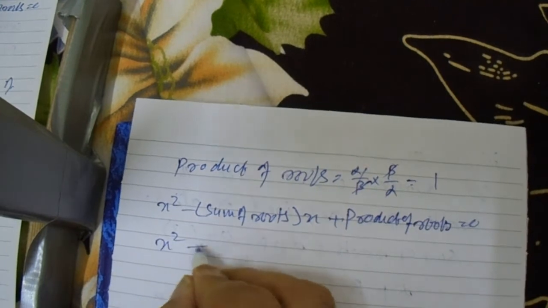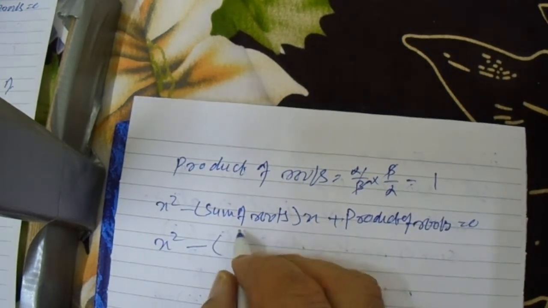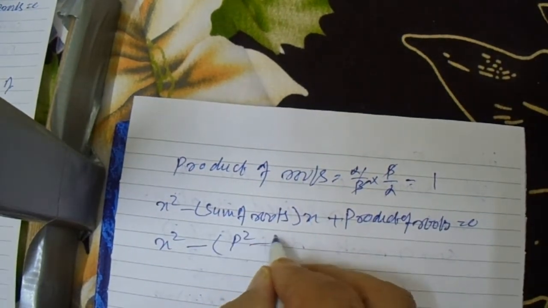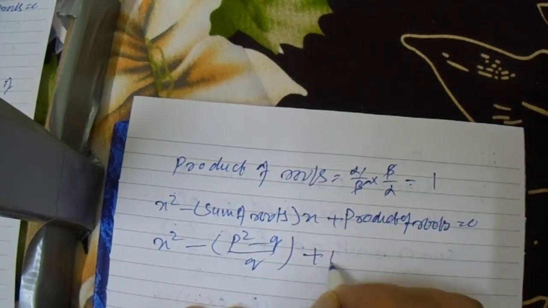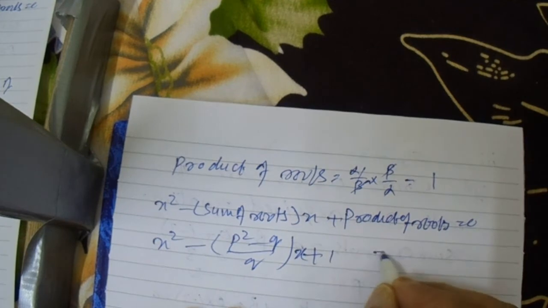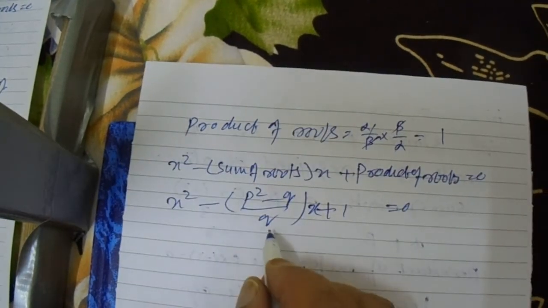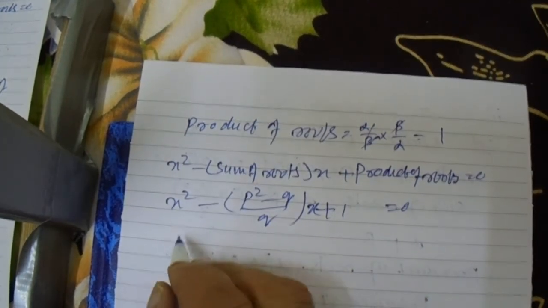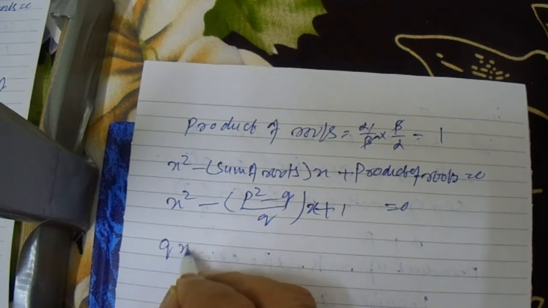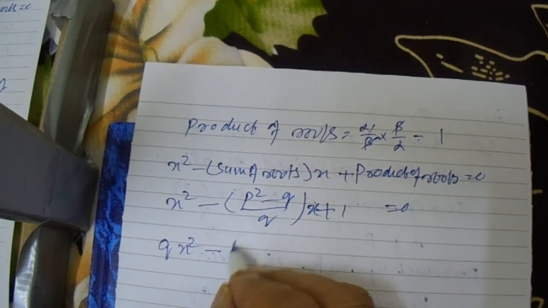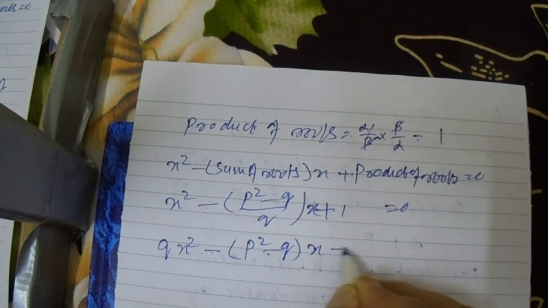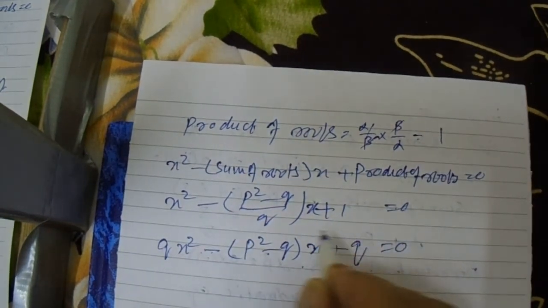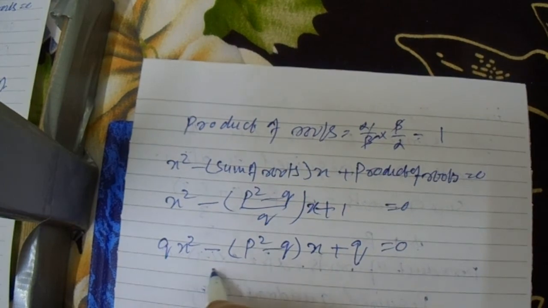X square minus P square minus 2Q over Q, this is our sum of roots, x plus 1 is equal to 0. Now multiply by Q the whole equation, Qx square minus P square minus 2Q x plus Q is equal to 0. This is the required equation.